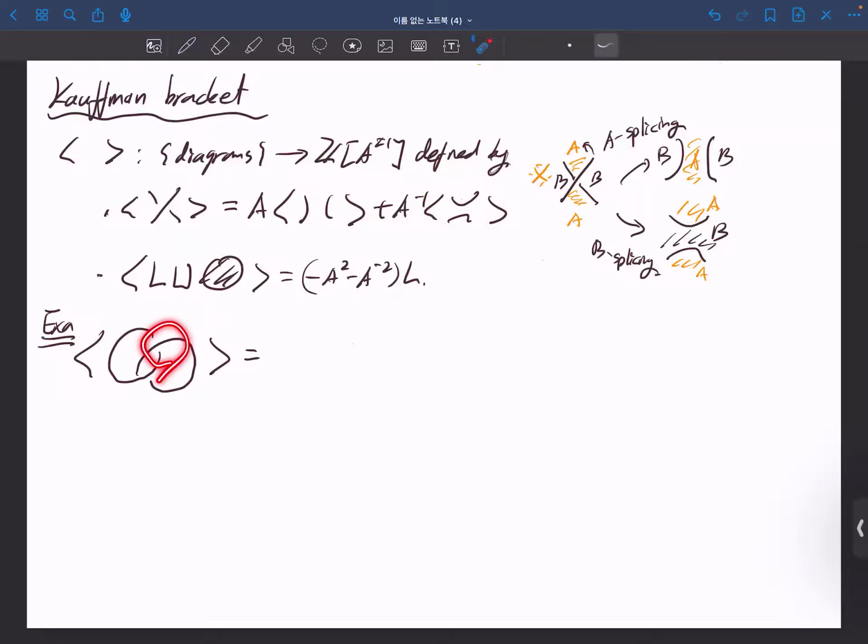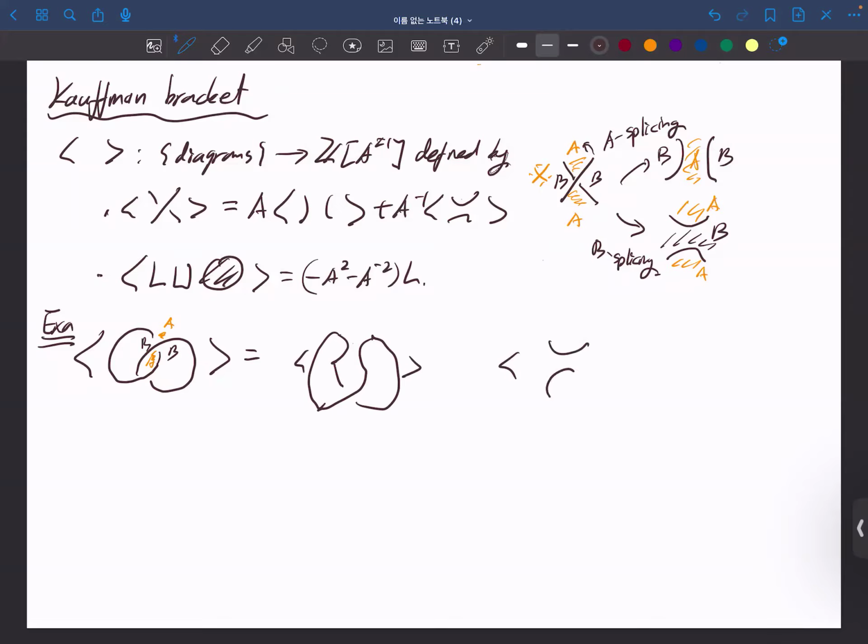From this example, we choose one crossing, and in this crossing, you can find that this one is locally the A region, and this one is the B region. Then by doing A splicing, you can obtain such a diagram.